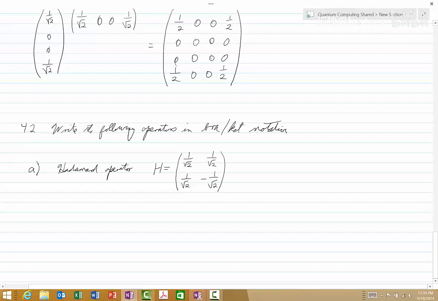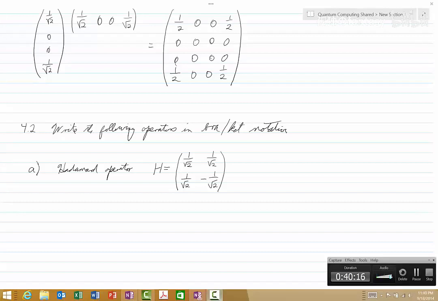And now we need to ask ourselves, how do we express this in bracket notation? I'll give you a moment to think about this, and then we'll all look at it together.